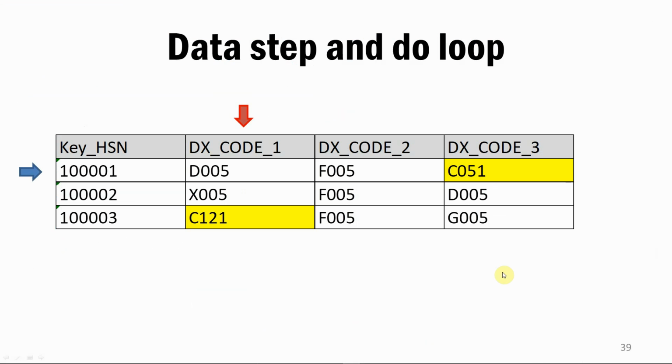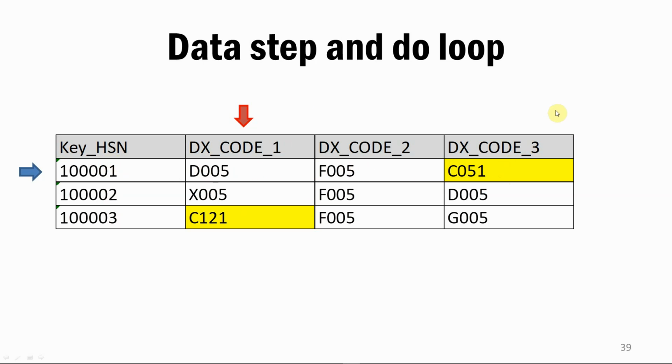Okay, so having a diagnosis of cancer basically means this. Let's simplify that. Let's say these are the hospitalization records for patients 1, 2, 3. And we know that in the hospital records we have 25 fields to record diagnostic codes.